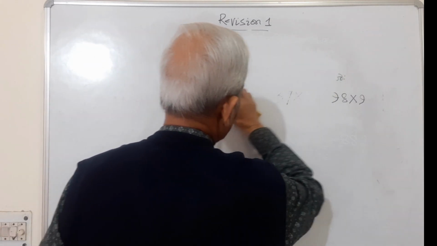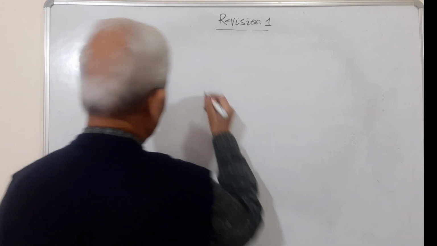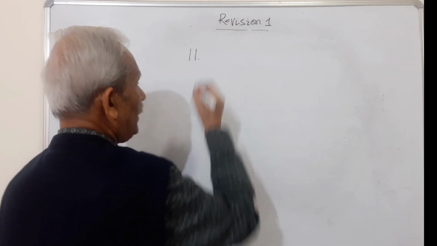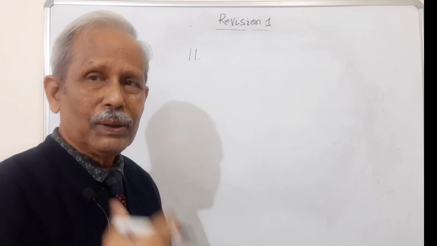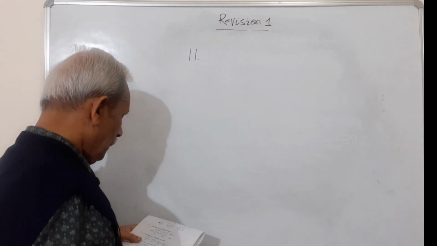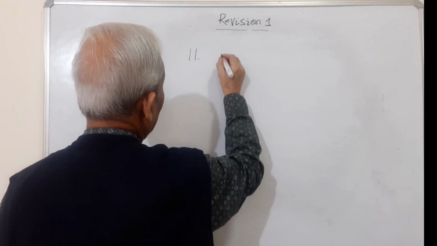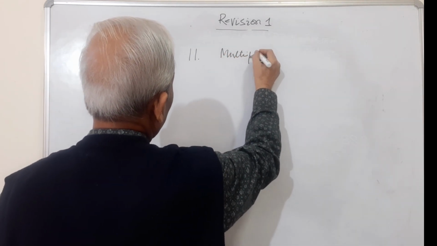Let us do the next question. We have 2 more questions to be done. 11th. I hope you find it interesting because you are revising the things and gradually understanding them better. Multiply the following mentally. 12 into 18.